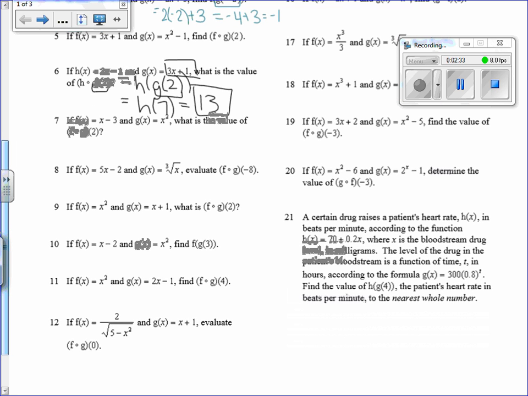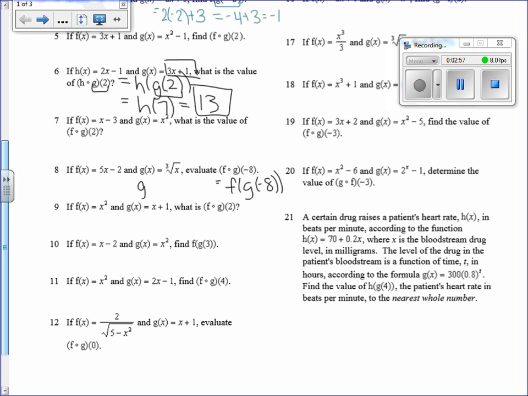For number 8, they use the circle notation for this one. All right, F of G of negative 8 looks like the word fog. This is the same thing as F of G of negative 8. So the first thing I need to do is figure out G of negative 8. It's okay that there's a negative because I'm taking the cube root, which has an odd index.